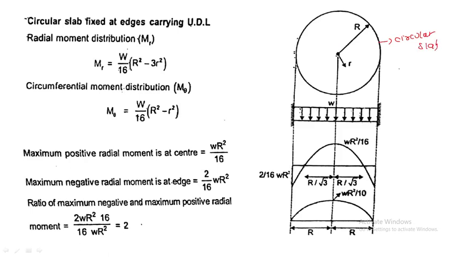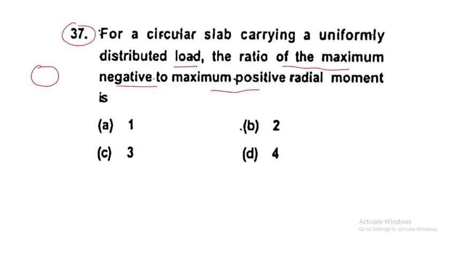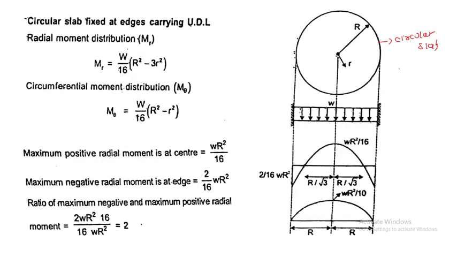This is the condition they have given: UDL, and the maximum negative and maximum positive radial moment. This is the UDL, W, with both ends fixed, right? This is the shear force diagram and bending moment diagram. You can see WR square by 16. So these are the two diagrams.